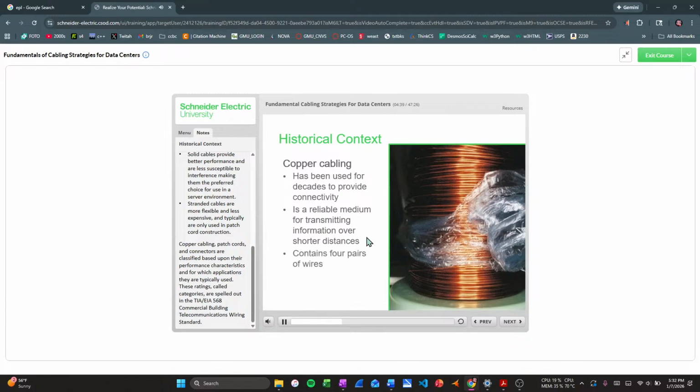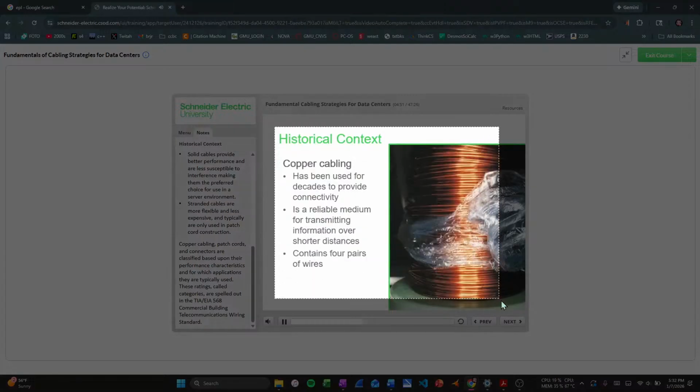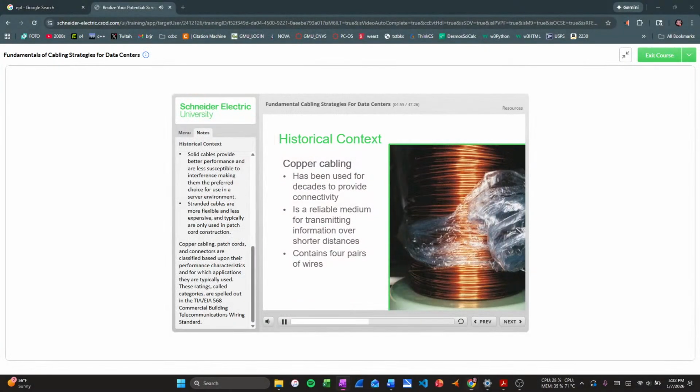Copper cabling that is used for data network connectivity contains 4 pairs of wires which are twisted along the length of the cable. The twist is crucial to the correct operation of the cable. If the wires unravel, the cable becomes more susceptible to interference.